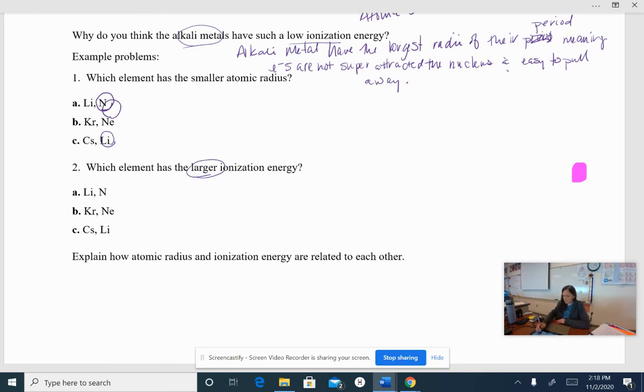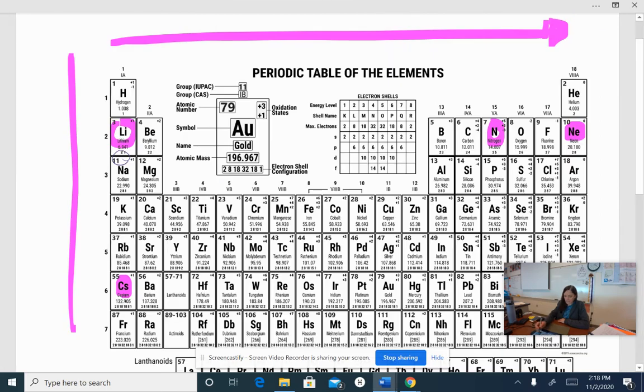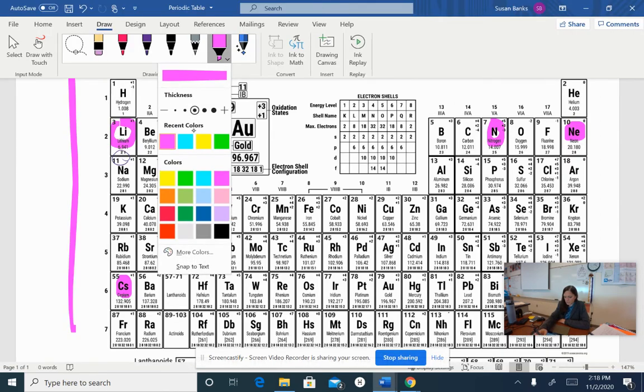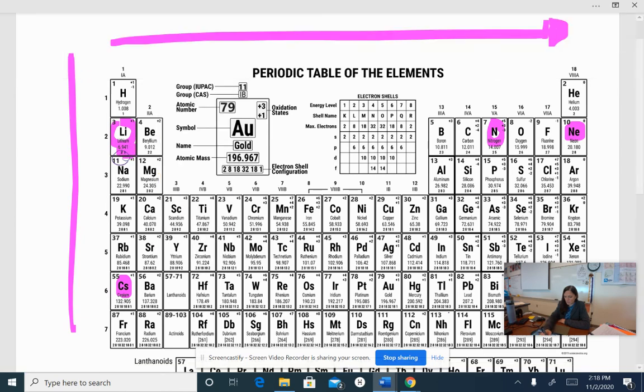Let's look at lithium and nitrogen first. So once again, lithium and nitrogen. Remember, ionization energy trend is the opposite. And this time we're looking for larger, not smaller, but larger.